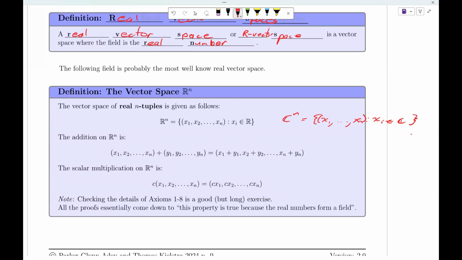That would be the complex n-tuple. But in the real n-tuple, adding two vectors, this is how we define the addition of the vectors. It's defined using the standard addition from the field. So here, this is our vector addition, and this is our field addition.